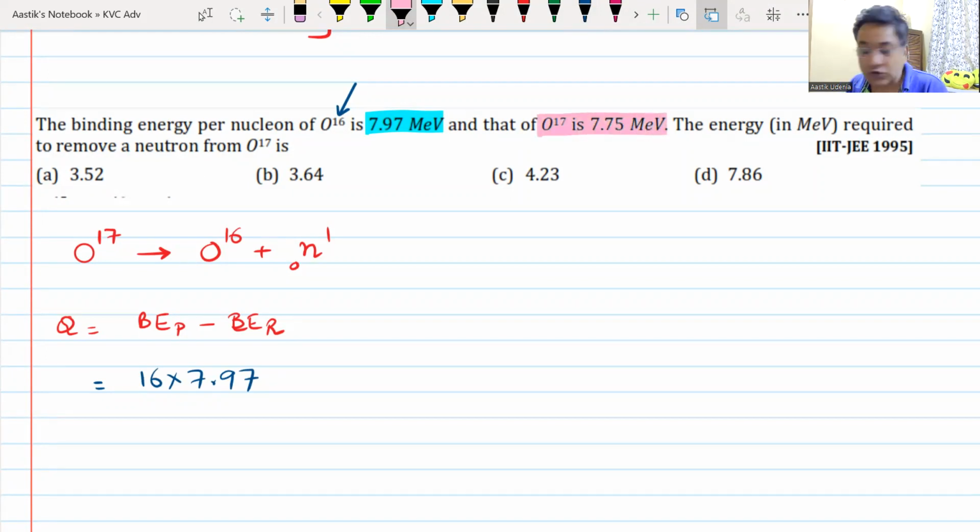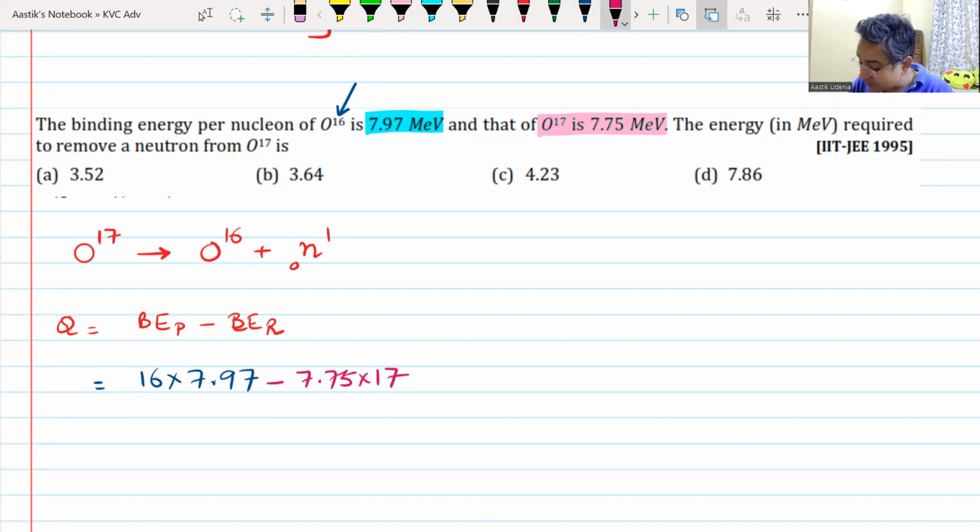Binding energy per nucleon is 7.75, so I have to subtract 7.75 multiplied by the number of nucleons, which is 17. This is what you need to do, and you will get the answer.